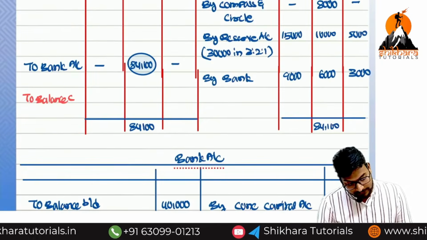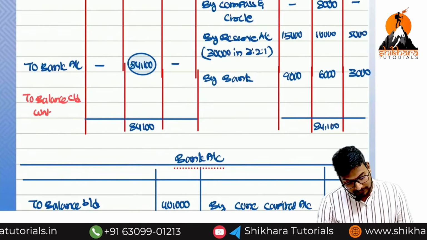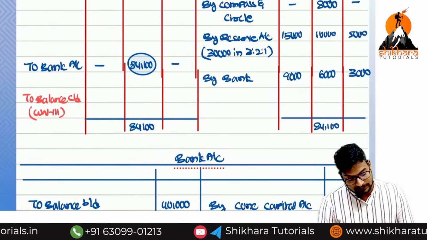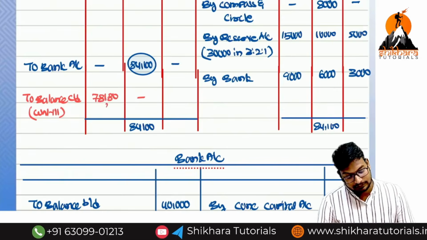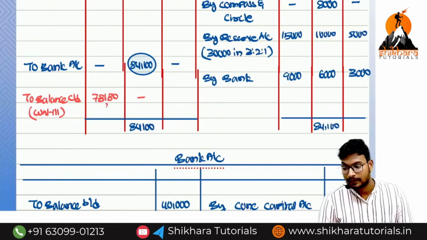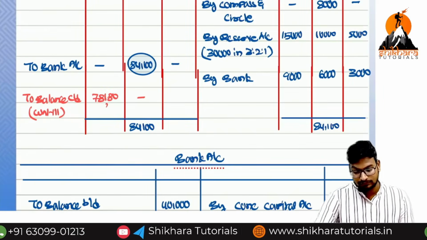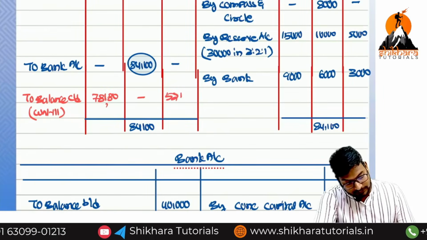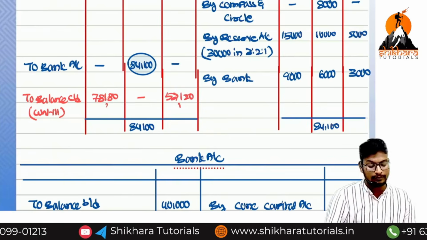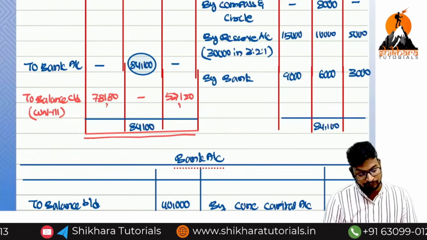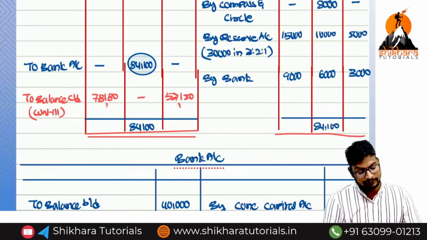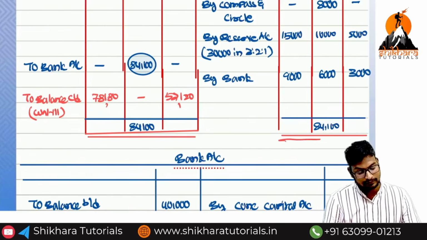Balance carried on, working note number 3, amma. 78,180. Next one, 52,120. Now do the balance, amma.